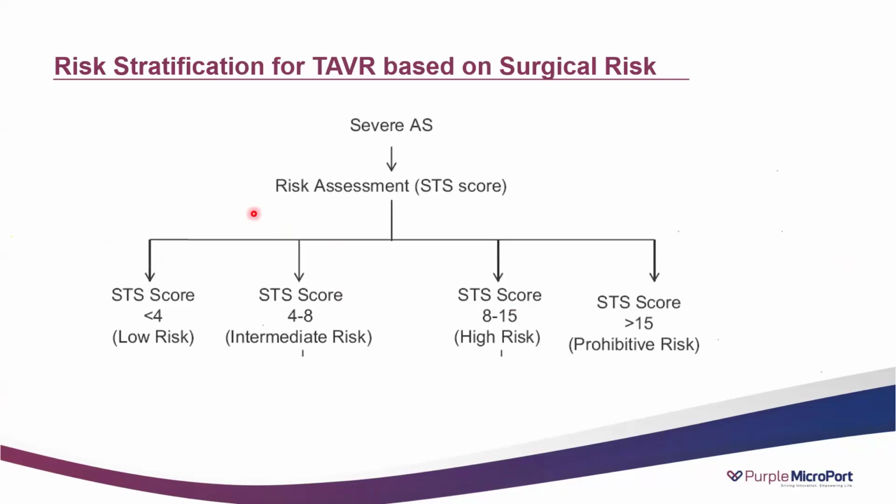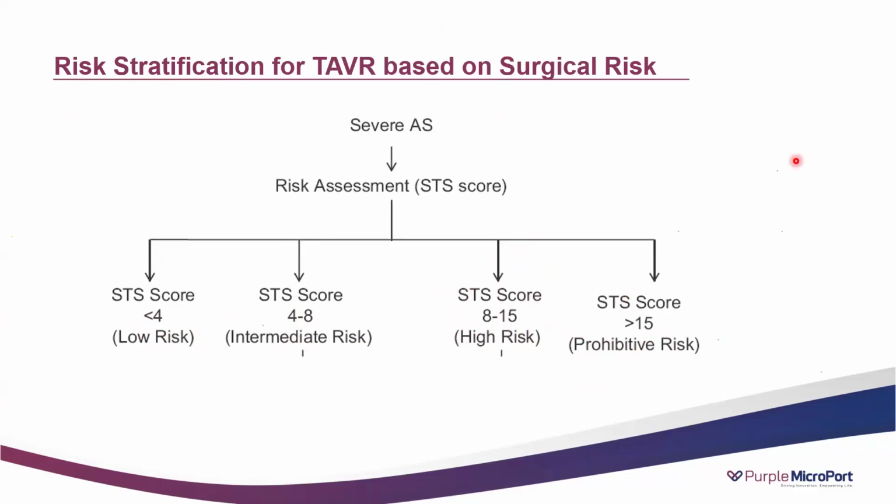Now, these are the STS scores based on surgical risk. In clinical practice, nobody is using it now. These were used for clinical trials. STS score less than 4 is low risk, 4 to 8 is intermediate, 8 to 15 is high risk, more than 15 is prohibitive risk. In our trial, the STS score is more than 8.